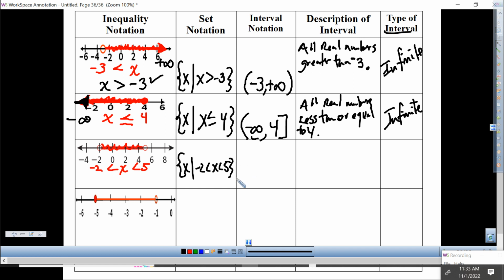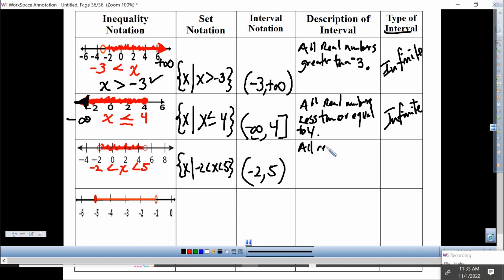Here goes interval. What's on the left side? -2. On the right side, 5. Open or closed points? Open, so parentheses and parentheses. And what does this mean? How can I say this in words, that section?